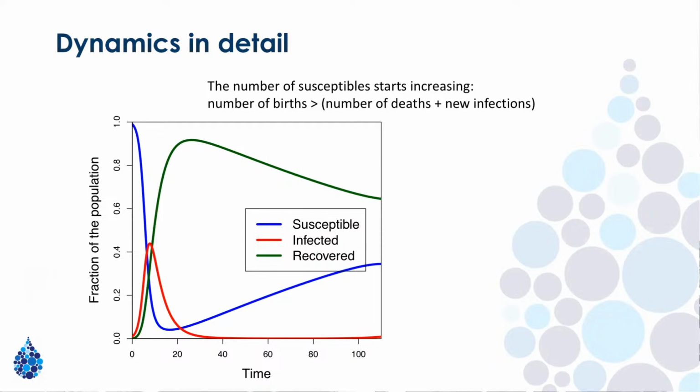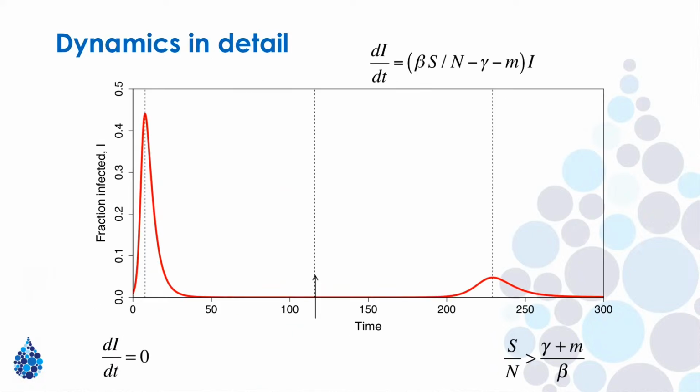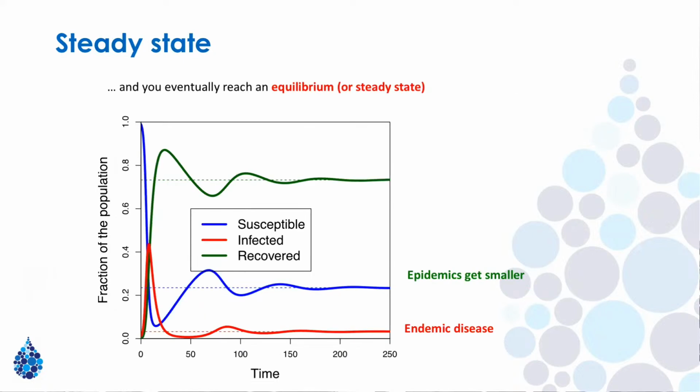So, going back to this, we've now got the situation where we can have an epidemic and then our susceptible population becomes replenished. If we look further on and we keep extending this time series, this is the point where the number of infected starts increasing again because we've got enough susceptibles.